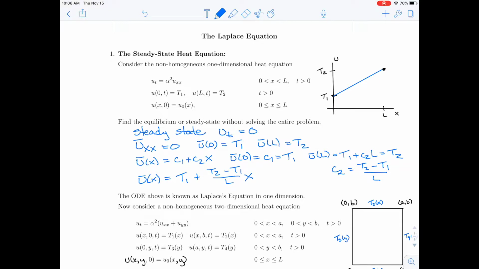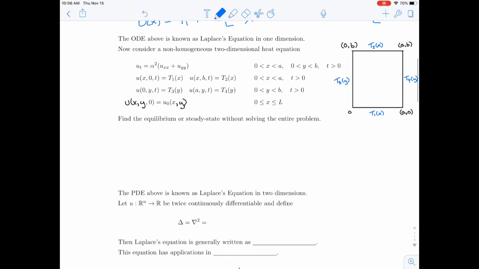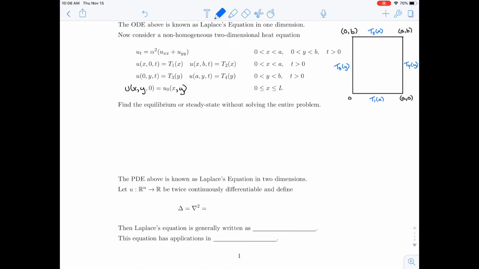But we're going to be more interested in the Laplace equation in multiple dimensions. In 2 dimensions, you can see that the equation is the time derivative of u equal to the diffusion coefficient alpha squared times the sum of the 2 second derivatives of u in space, also known as the Laplacian of u.